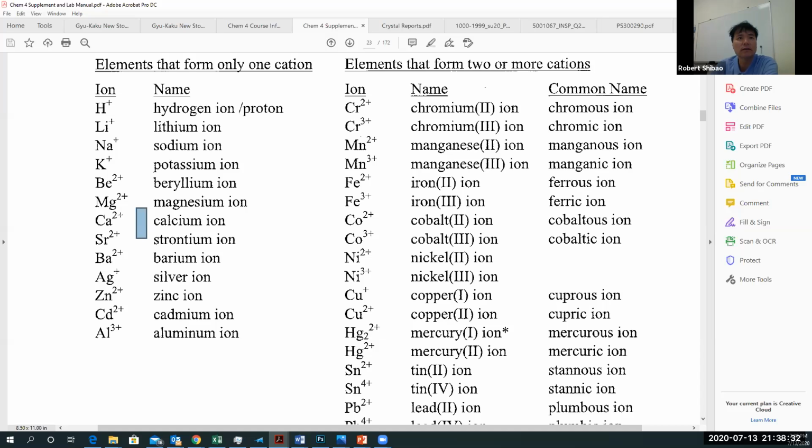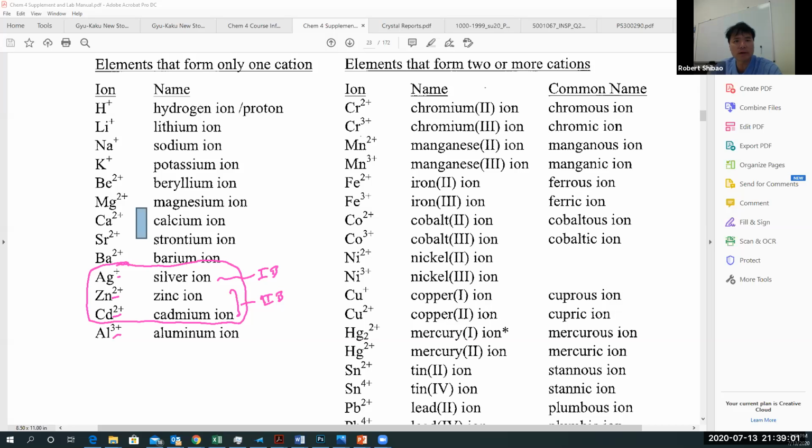We talked about these. And so for the name of these fixed charge species, we can get the charge based on the column number, right? Zinc, cadmium, this is the island of fixed charge species, but the rest are pretty easy from the periodic table. These are pretty easy too, because this is in group 1B, and these two are in group 2B. Off the periodic table, this is what I'm talking about, 1B and 2B.